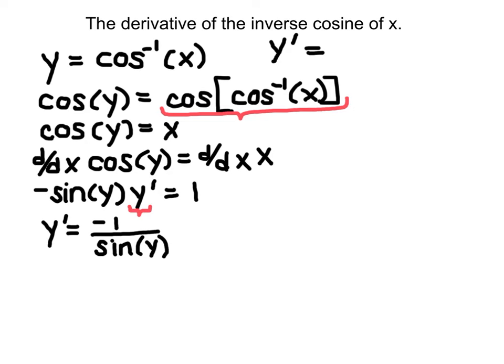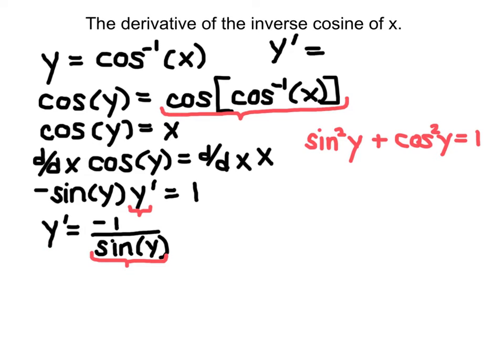So now we're going to use our trigonometric identity, which is that the sine squared y plus the cosine squared y is 1. And what we're going to do is we want to solve for the sine of y in terms of the cosine of y, because we know the relationship between the cosine of y and x, and we do not want y prime in terms of y, we want it in terms of x.